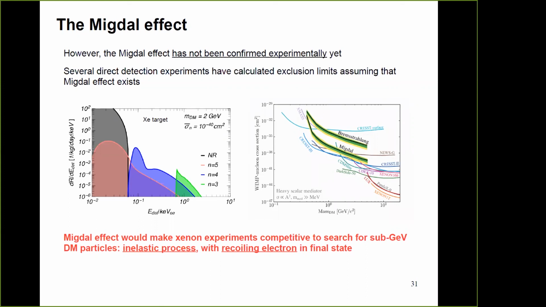And again, you can also have the Migdal effect in volumetric experiments, but because the mass is much lower than in these xenon experiments, the curve will not be as low. So there are several factors, it's going to be competitive, and I think it's early to say what is going to dominate here.